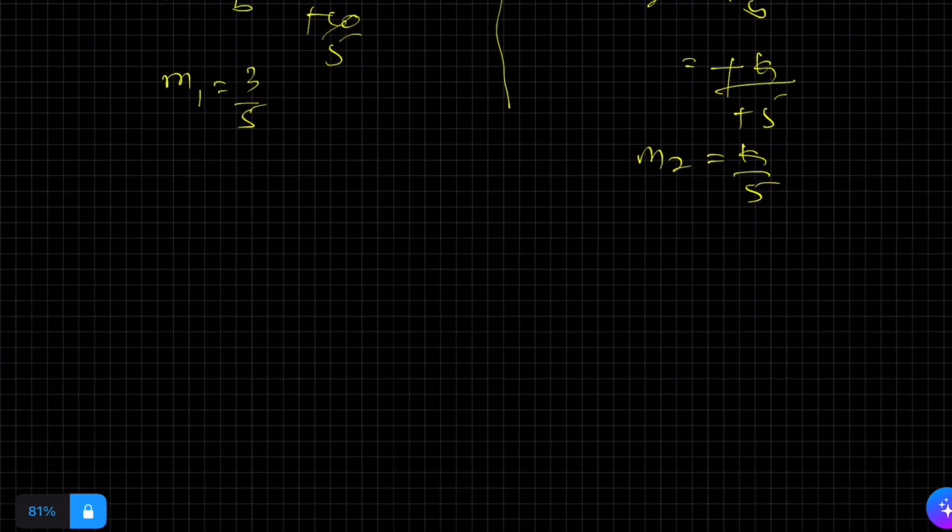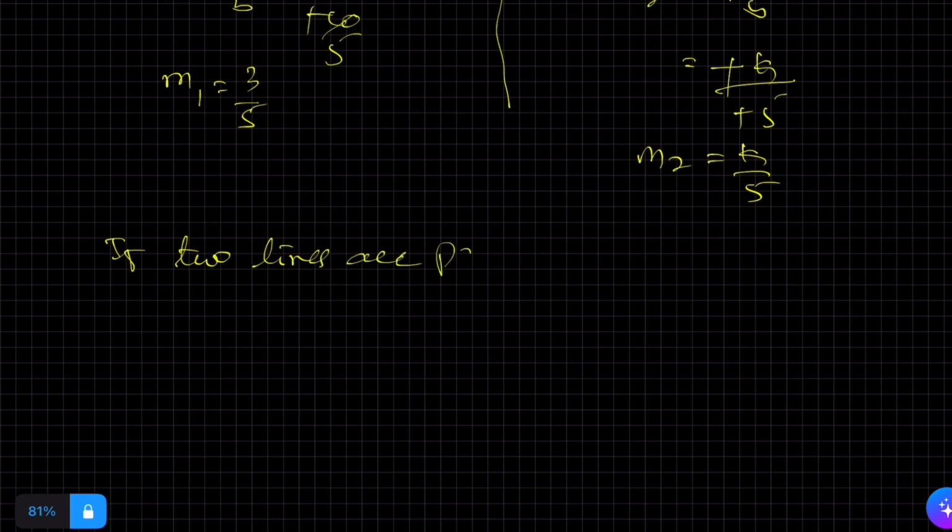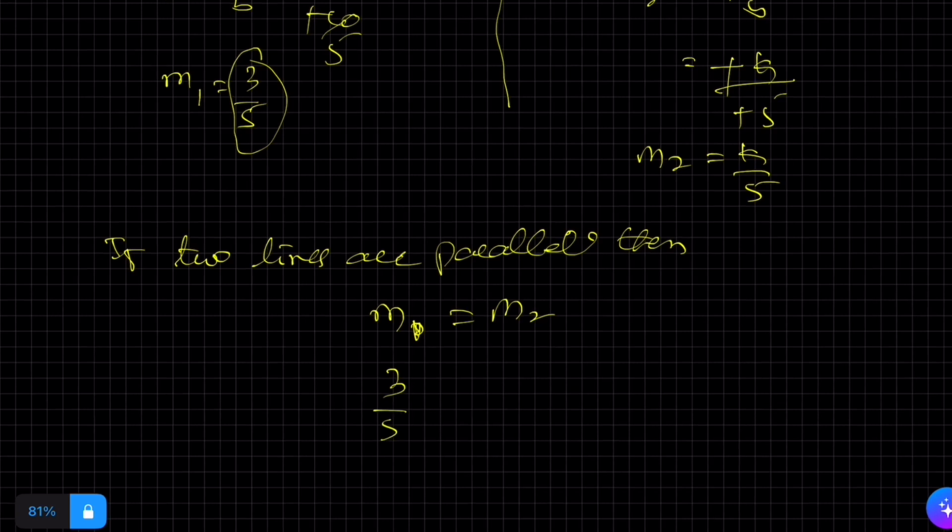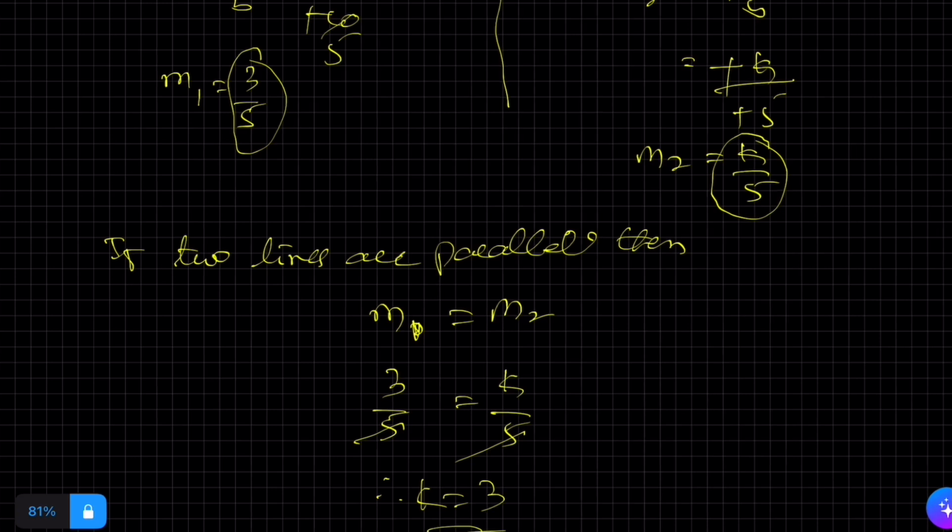So given the lines are parallel to each other, if two lines are parallel, then the slopes are equal, that is m1 equal to m2. The slope of the first line is 3 by 5. Let me take 3 by 5 equal to the slope of the second line, k by 5. So 5 will get cancelled. The value of k is 3.